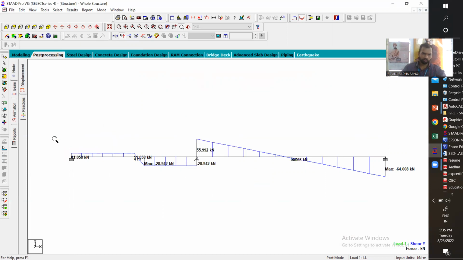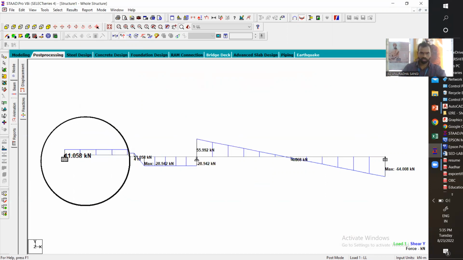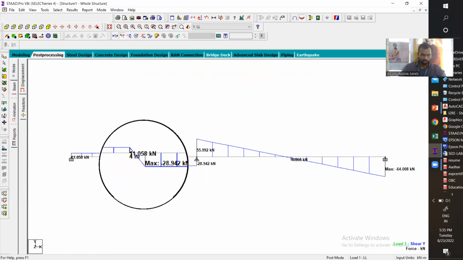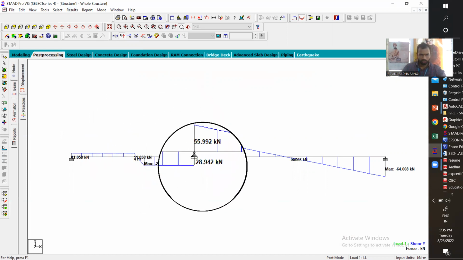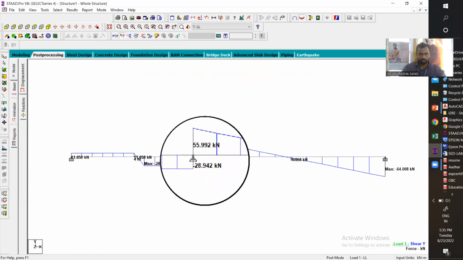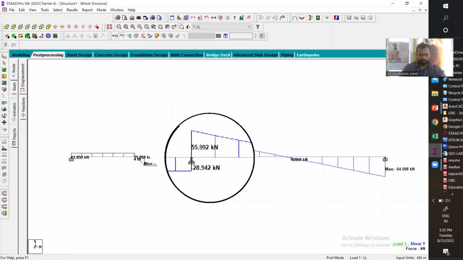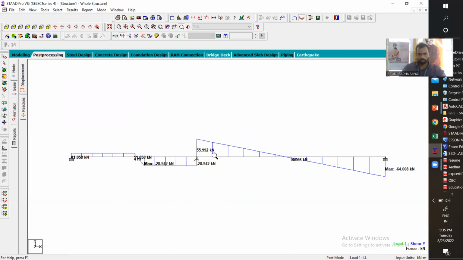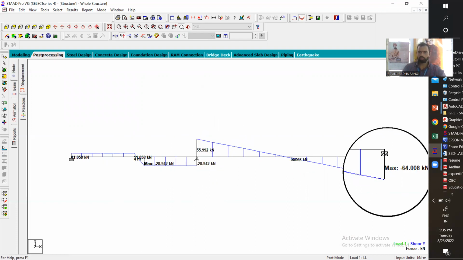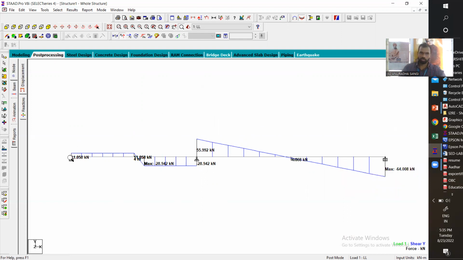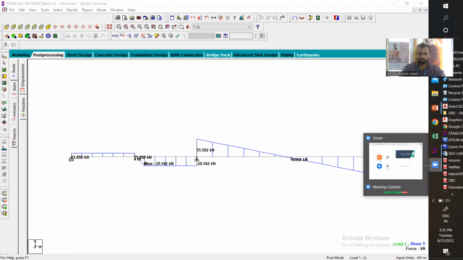This is different, we are getting somewhat lower values here in STAAD Pro. At B minus 28.942 and 55.992 kilonewton. At C 64.008 kilonewton. We modeled the same thing in STAAD Pro and observed it. So this is how to draw the shear force and bending moment diagrams.